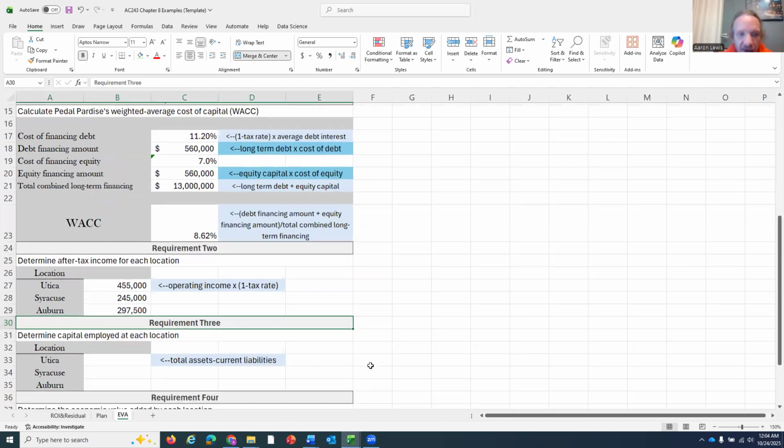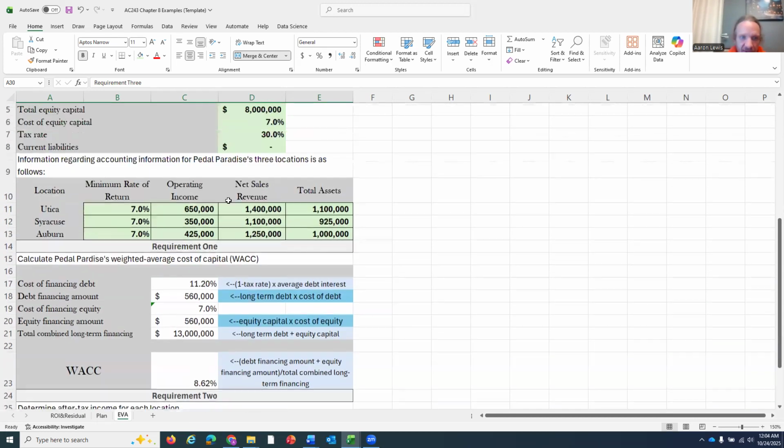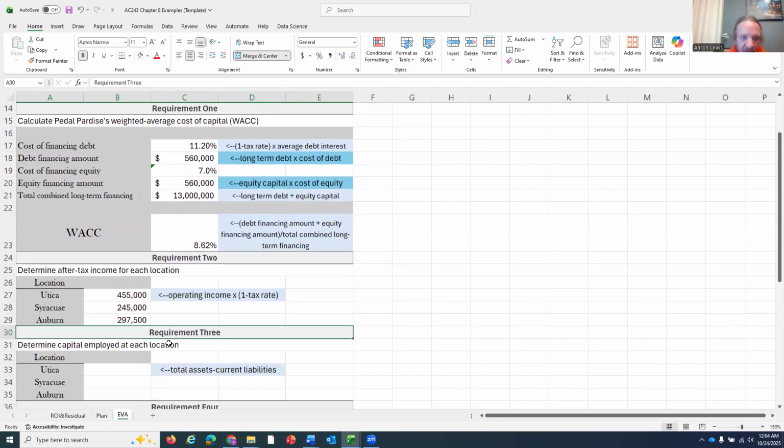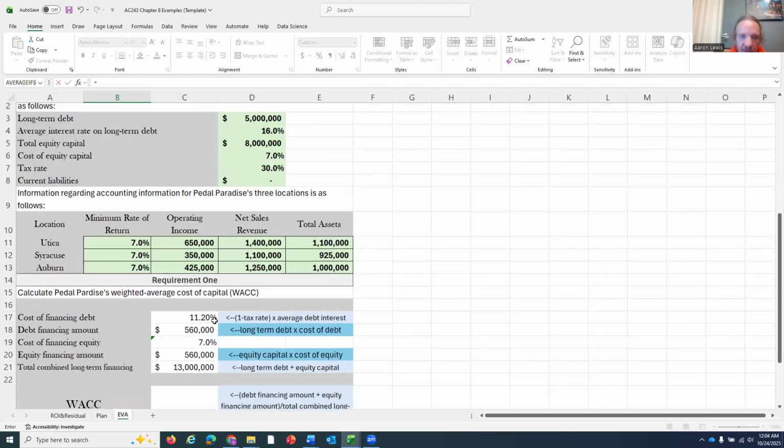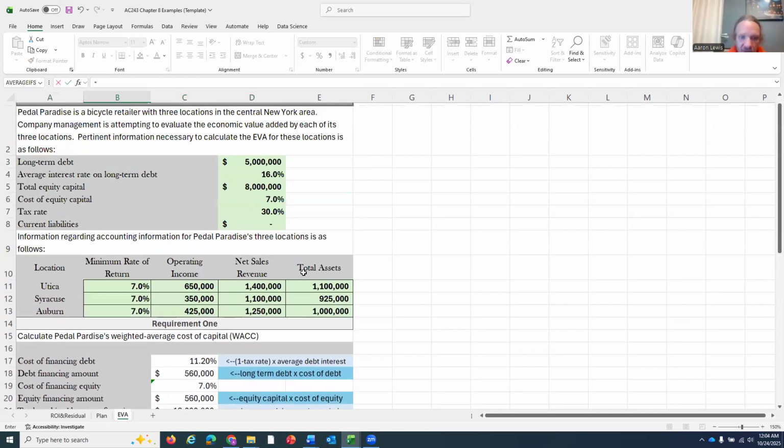Let's move on and find our capital employed, as they call it, for each location. And that is our total assets minus our current liabilities. For our company, this is nice and easy because we have no current liabilities. So I'll be thorough and say that for Utica, they have a total amount of assets of $1.1 million, and our company has no current liabilities.